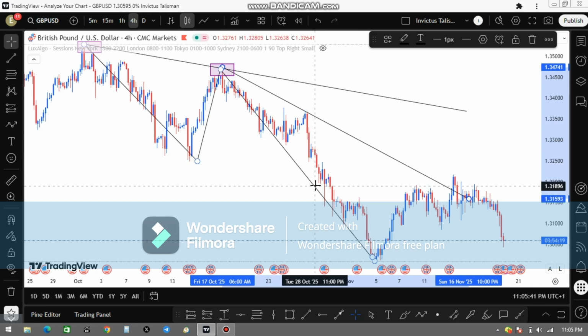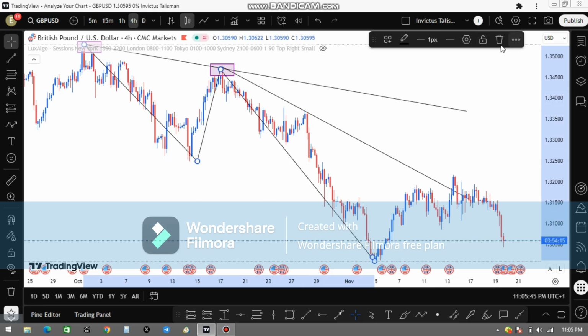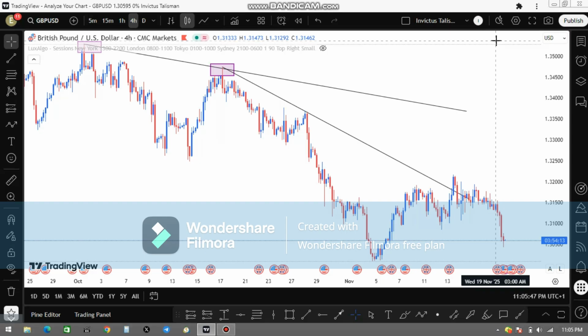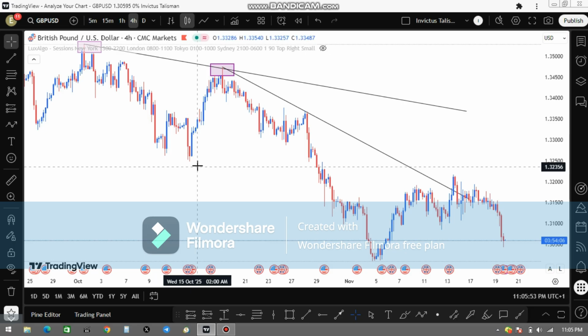So for this reason, I'm going down to the 1-hour chart, which is the second time frame. There are 3 time frames to this rule: the 4 hours, the 1 hour, and the 15 minutes. The 15 minutes is entry and trade management. What other purpose we can use this 4-hour time frame for is to draw our support or resistance levels and supply and demand levels also.